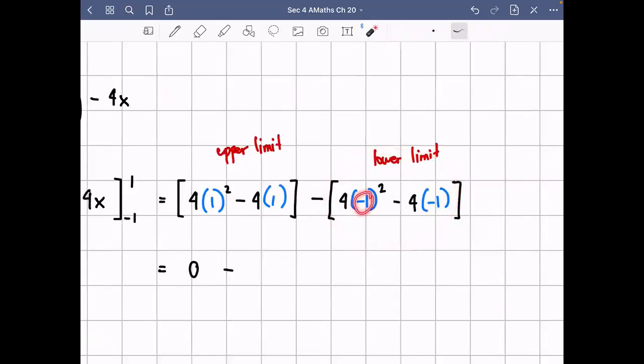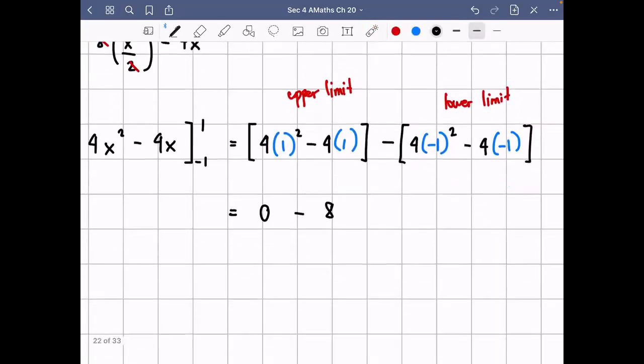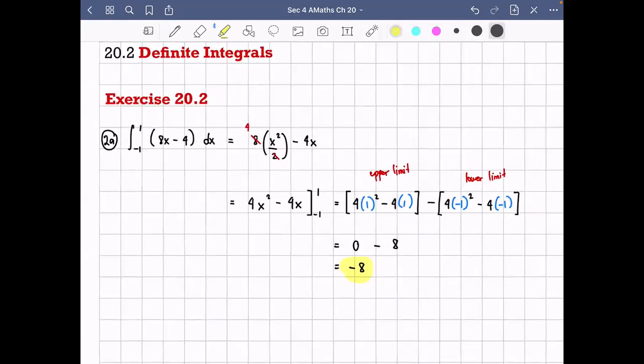Negative 1 times negative 1 is 1, so this is 4 plus 4, which is simply 8. So your answer is negative 8. Do you have any questions, class, for this kind of example?